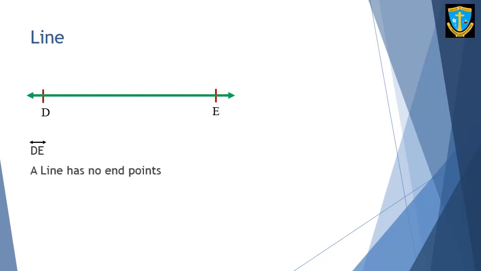A line has no endpoints. If we are marking the line with only one letter, then we have to write a small letter. For example, this is line l and this is line m.